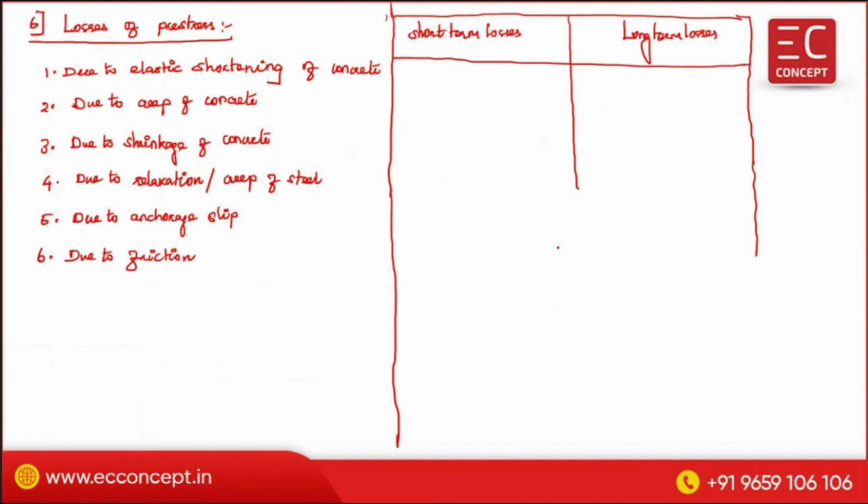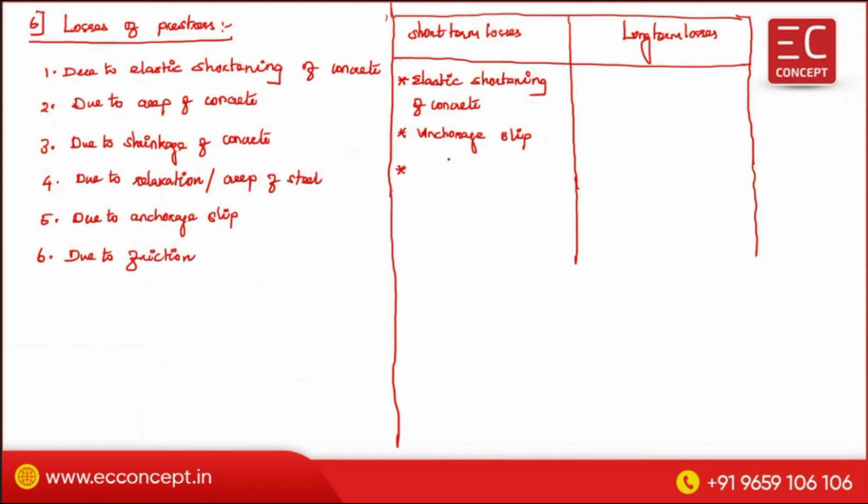Short-term losses: first one is elastic shortening of concrete. And next one is anchorage slip. They will ask you by giving any one of them and ask what are the short-term losses among the following. Okay.